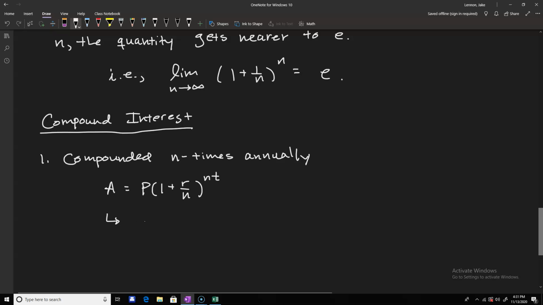So what do these letters mean? A is the future value or accumulated amount. P is the principal or present value, or the amount invested. You can think of it that way.